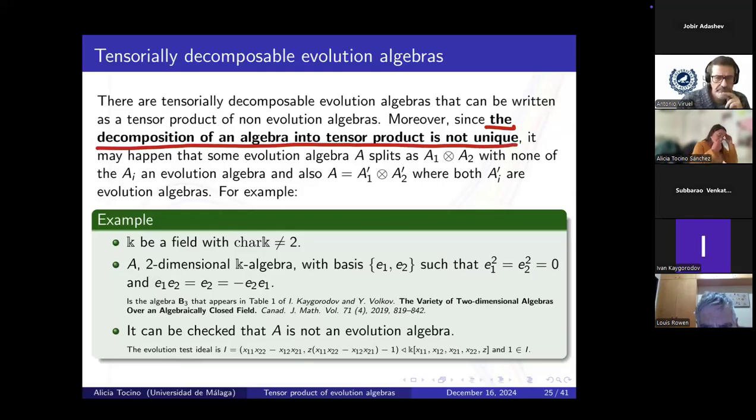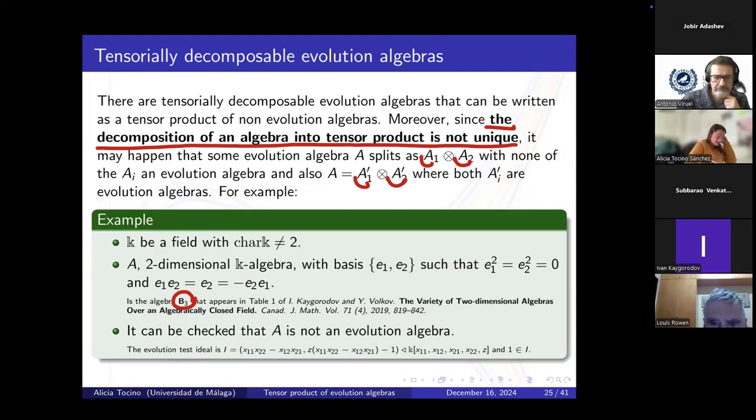What I'm going to show is that we have one evolution algebra of dimension 4, and it splits into two forms: one of them with two evolution algebras, and the other one with none of them evolution algebras. For this example, I'm going to use the algebra B3 of Table 1 in Kaygorodov and Volkov, with a field of characteristic different from 2.